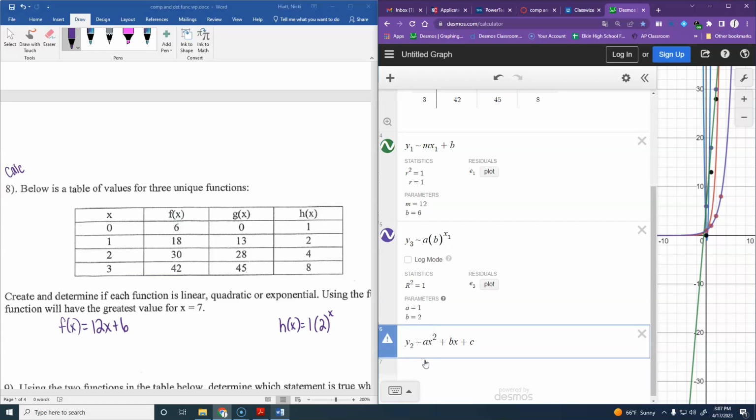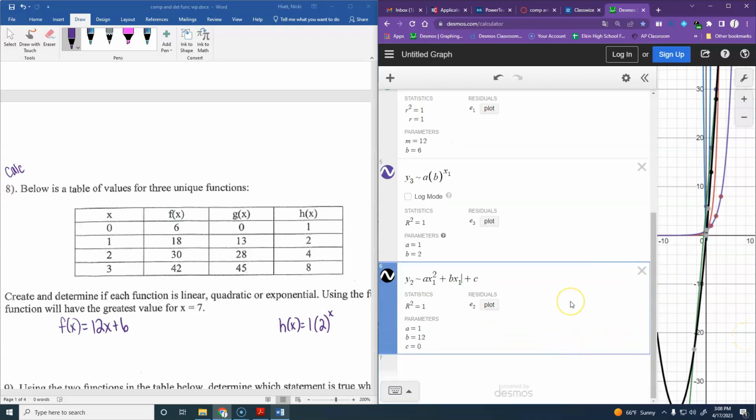We did not do, now it's got a problem here. What did I do? No, my a, b, and c are fine. My x is not my table. I need a 1 behind my x's. I should be doing x1. All your variables, your x and y's, have to have subscripts to be able to do this. So it gives me a equals 1, b equals 12. C is actually 0.